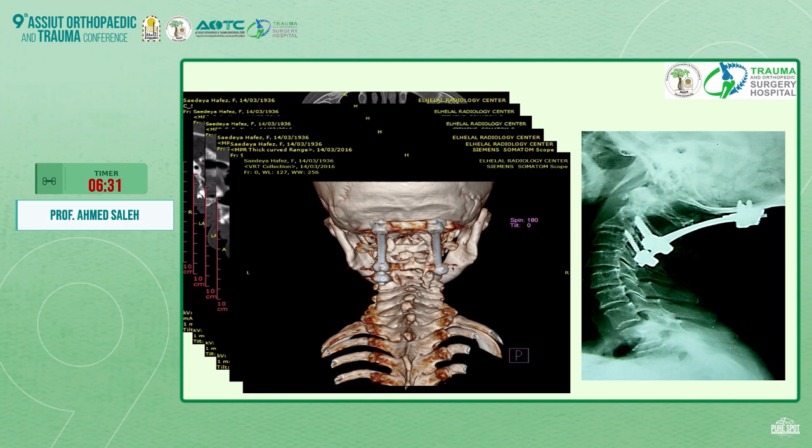I was surprised by this movement, and my intention was to fuse in situ. I did not intend to have such a nice reduction, but it came during persuading the rod of the occipital plate to the pedicle screw of C2.